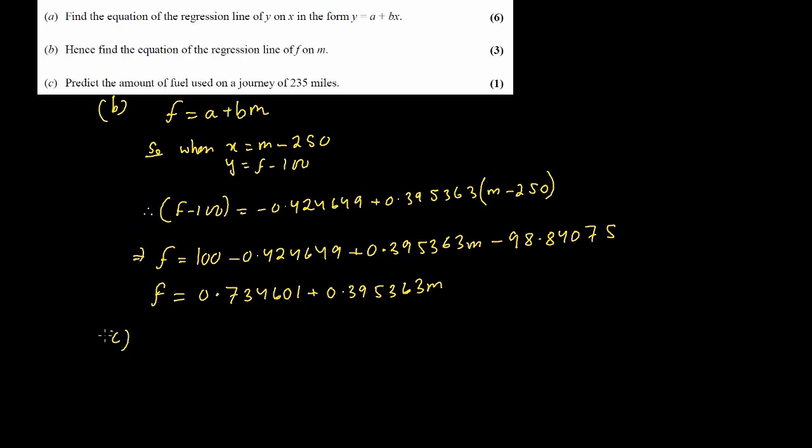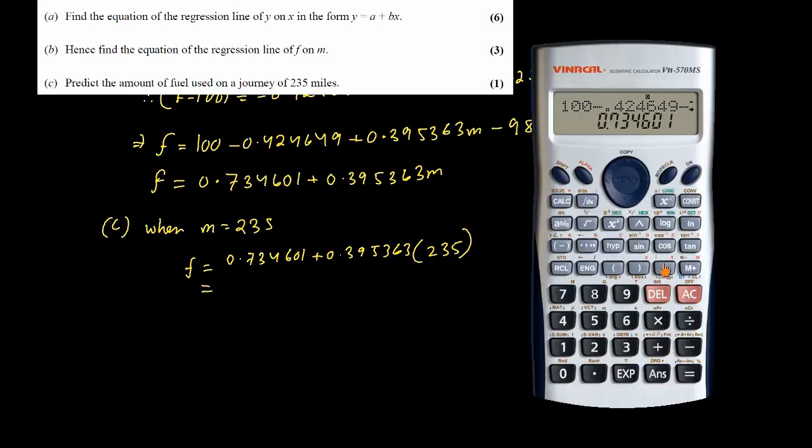Predict. So remember, this is called predicting data. Predict the amount of fuel used on a journey of 235 miles. Miles is m, so when m equals 235, f equals 0.734601 plus 0.395363 into 235, and we can calculate this and find the value.